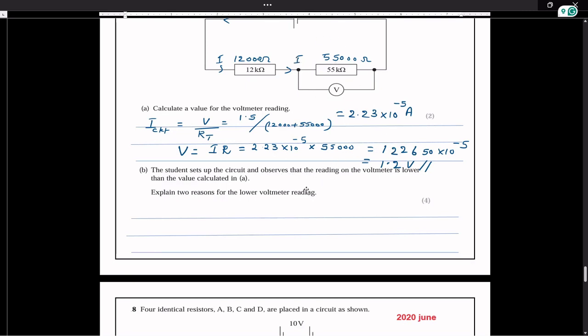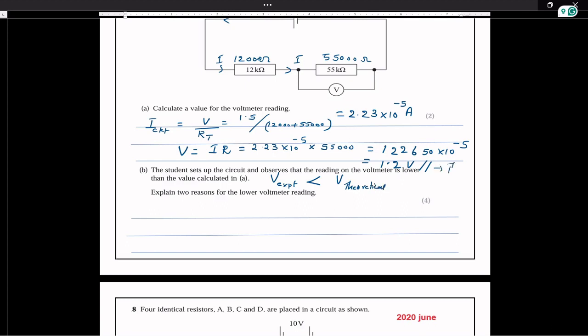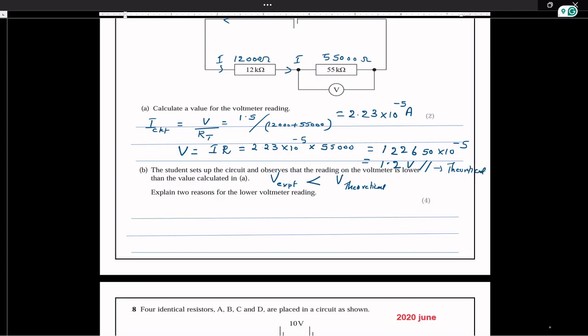When he constructed the circuit, the experimental value he got across the 55 kilo ohm resistor is lower than this 1.2 volts. V experimental is less than V theoretical. Explain two reasons for the lower value.